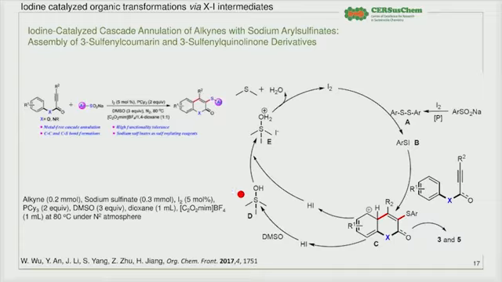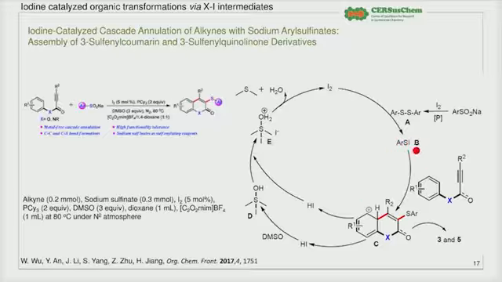So the reaction begins with the formation of the active, electrophilic species of sulfur, which is organosulfur iodide.